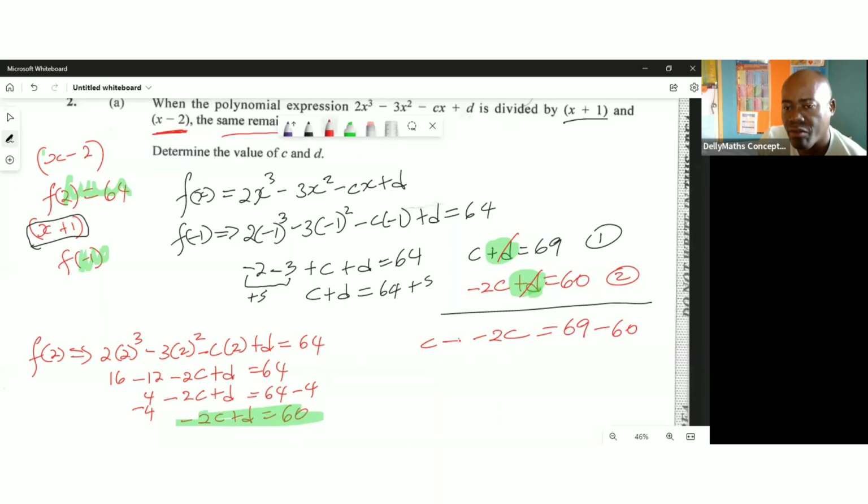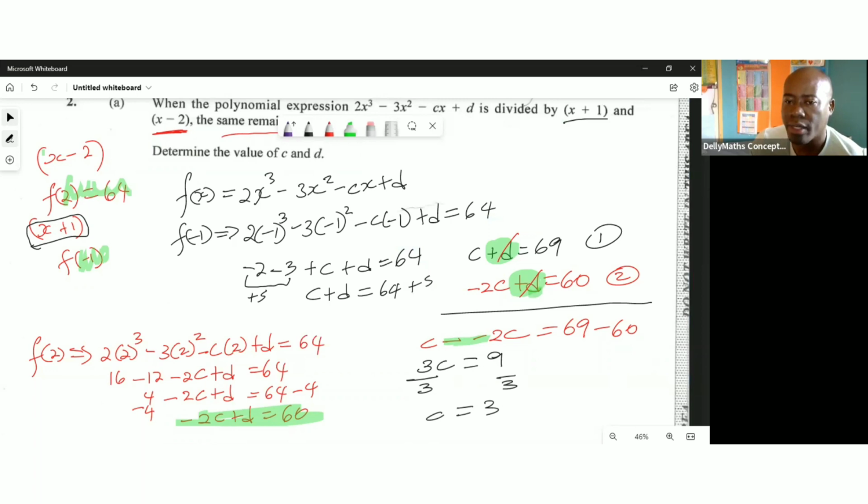Remember though, that these two negatives will turn into a positive. So I'm looking at 3c is equal to 9, divided by 3, divided by 3. c is equal to 3. All right, so there it is. I found one of my answers: c is equal to 3.